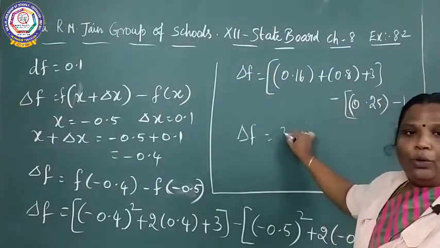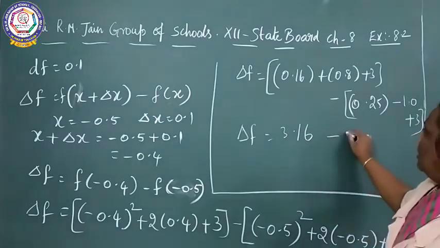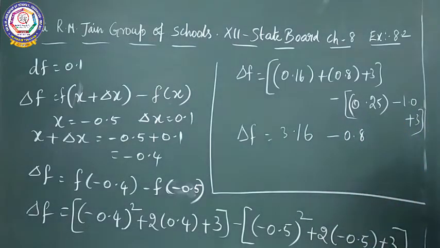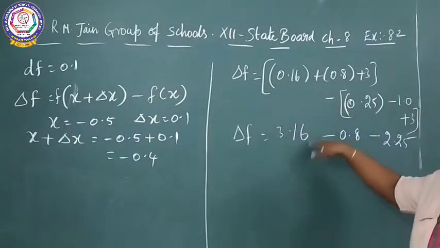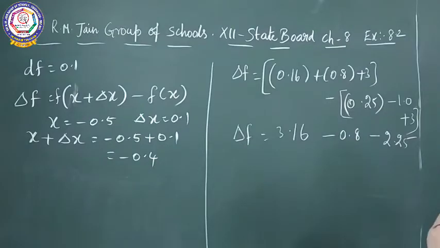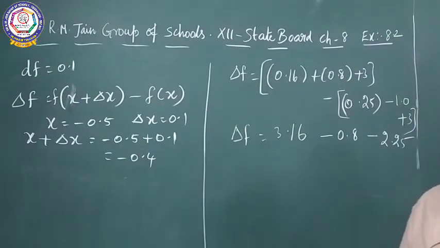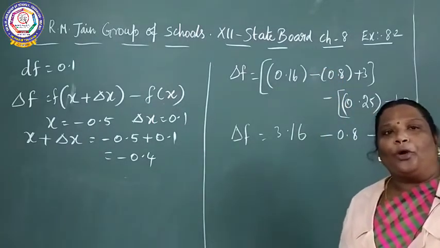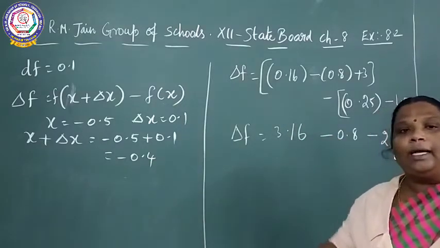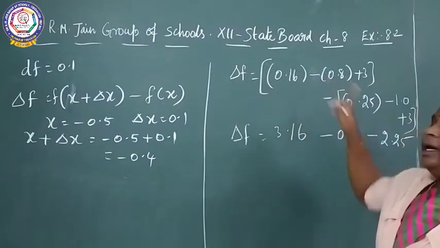Δf = 3.16 - 0.8 - 2.25. See, 3 plus 0.16 is 3.16, and -0.4 into 2 gives -0.8.